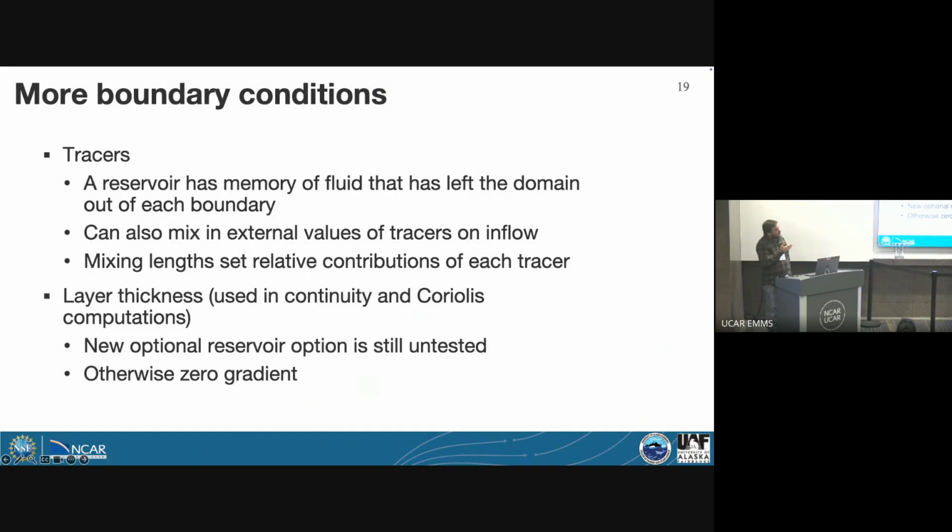Layer thickness. So you may have seen some MOM6 regional configuration using non-Z-star vertical grid. I know that Enrique did some. And in those configurations, my understanding is that he was using zero gradient.